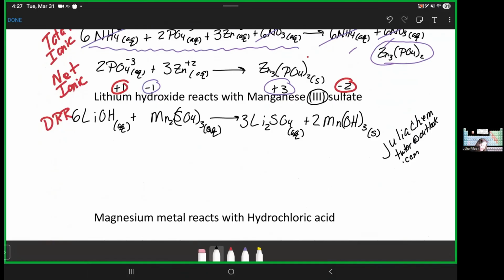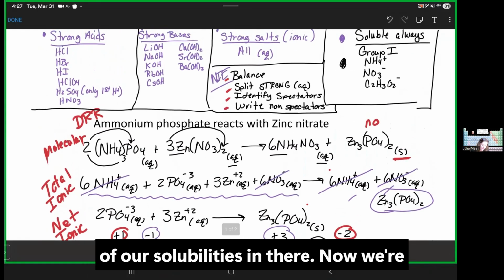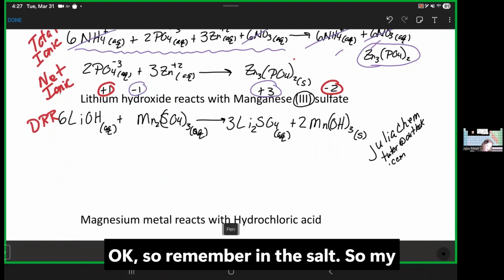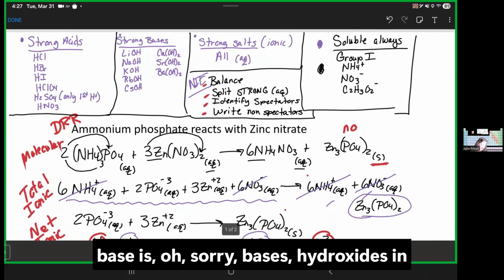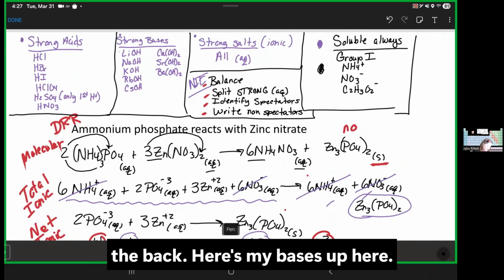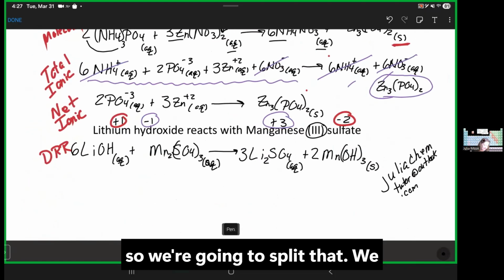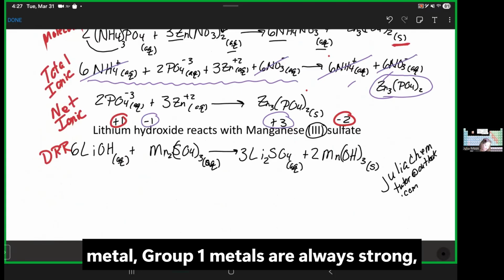So we balanced our equation and got all of our solubilities in there. Now we're going to split all of our strong aqueous. Remember, any base, hydroxides, here are my bases up here. Lithium hydroxide is a strong base, so we're going to split that. We also know that group 1 metals are always strong.